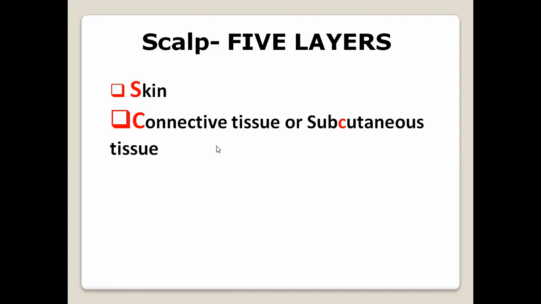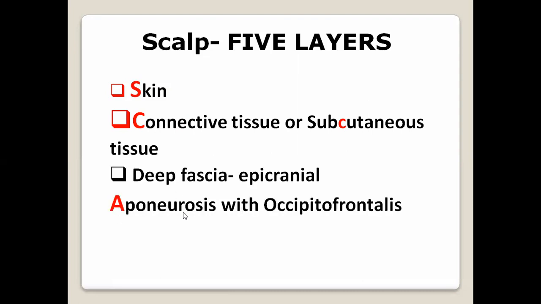So for the third layer, the letter is A. A is the aponeurosis. You know that next to the skin you have the superficial fascia, then the deep fascia. The superficial fascia is nothing but the connective tissue or subcutaneous tissue. The deep fascia is the third layer, which is called the epicranial aponeurosis.